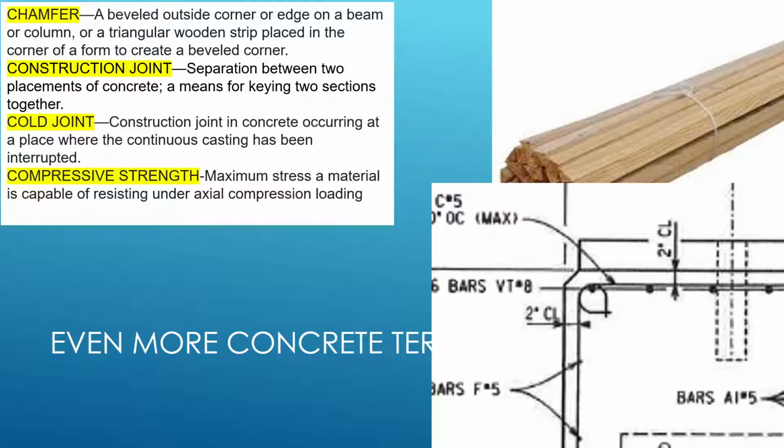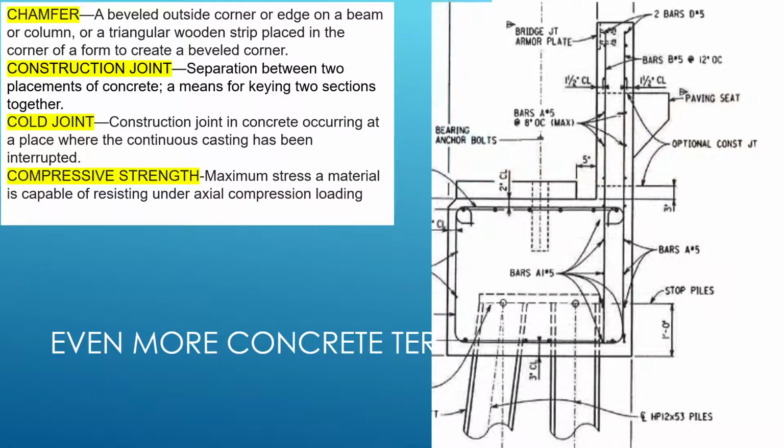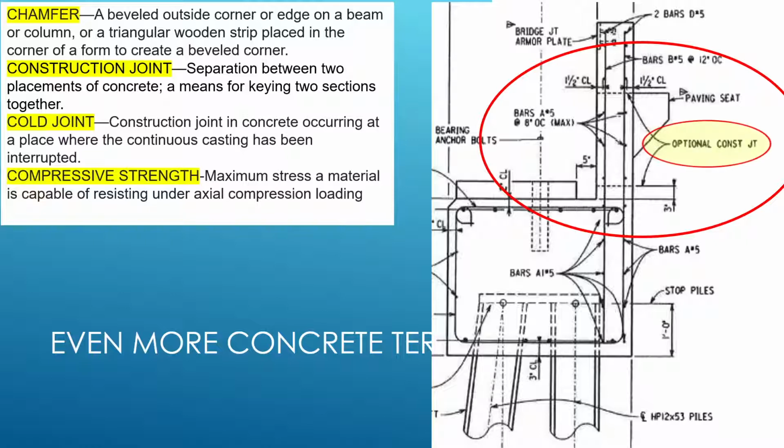Next we've got a construction joint. It's a separation between two placements of concrete, a means for keying two sections together. As shown here on this abutment, you'll see that on the back wall there would be optional construction joints. This is done so that the contractor can separate this abutment into separate pours and have these construction joints in this back wall.